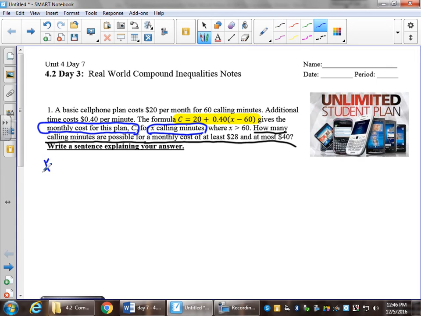I want to define my variables, so if I've circled them, they'll stand out to me. X is calling minutes. And notice it said more than 60, so we'll put that in parentheses. And then Y, or it doesn't use Y, it uses C. C equals monthly cost.